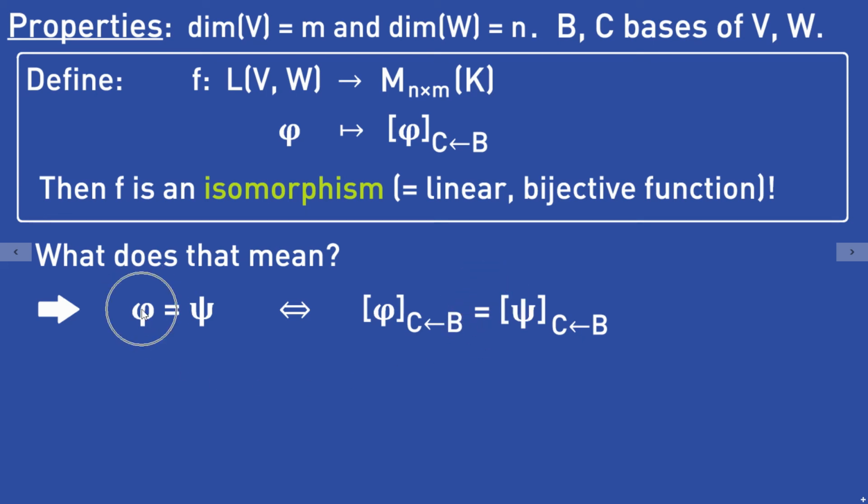So phi is equal to psi if and only if the matrix representation of phi is equal to the matrix representation of psi.